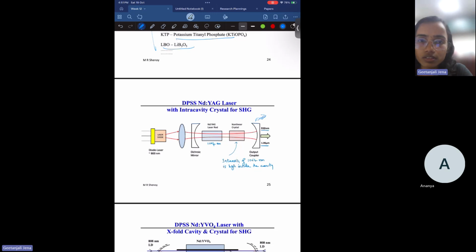Some part of the laser beam will pass through this mirror, so the intensity of this laser beam is not that maximum. But when you put the nonlinear crystal inside this cavity, there is a possibility of observing the nonlinear effect, because the intensity of the laser beam is high inside the cavity.